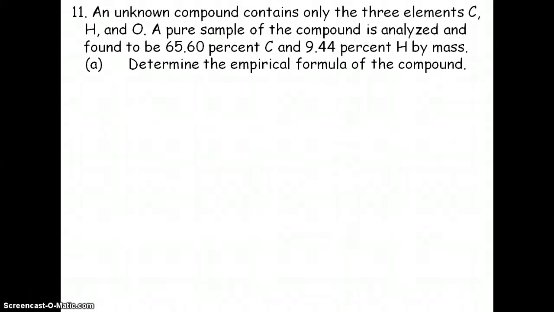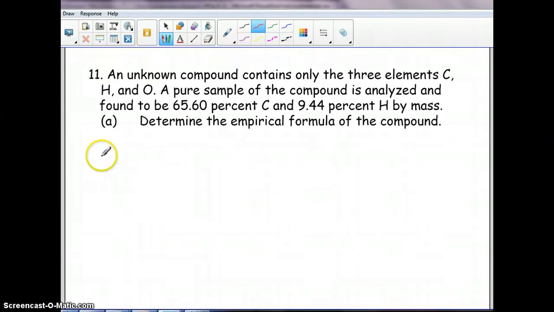All right, and the last problem, we are given some information about an unknown compound that has these 3 elements, and we need to determine the empirical formula. All right, so we know that we have 65.6% carbon. Okay, so 65.6, and we're just going to assume we have a 100-gram sample here, so we're just going to change the percentage straight to grams. Okay, so this is just carbon.